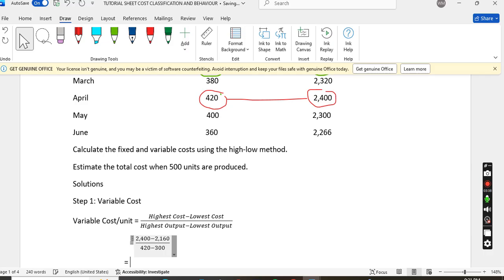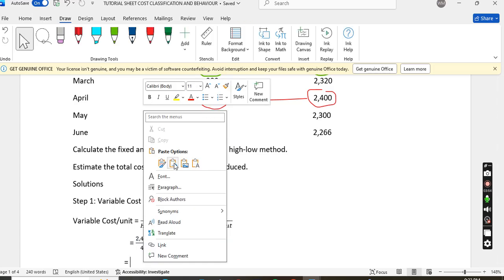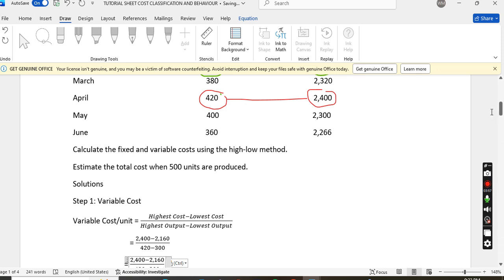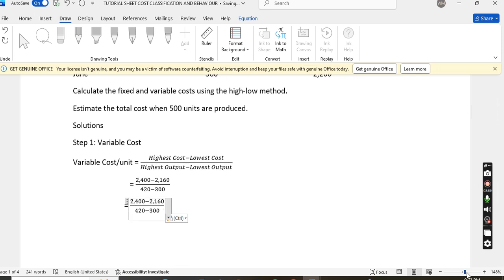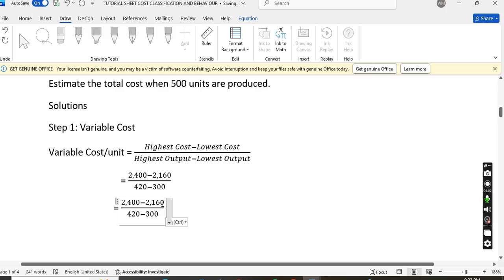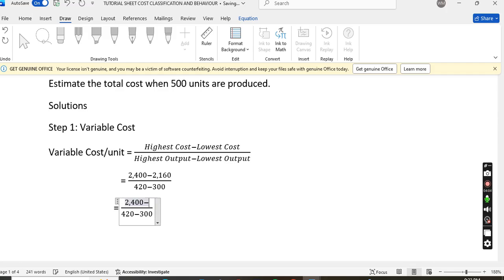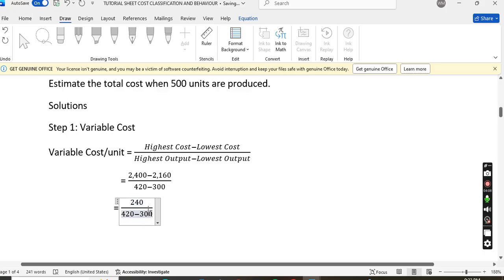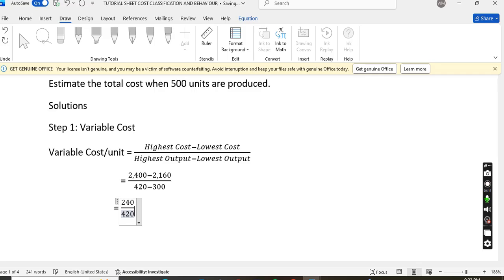So we're going to say 2,400 minus 2,160, we get 240. 420 minus 300, we get 120 units.